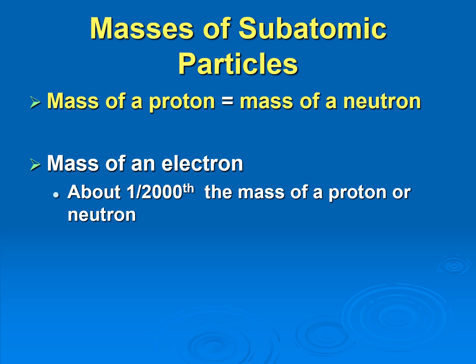We're not going to count the mass of an electron. We're just going to be concerned with the mass of protons and neutrons when we calculate our mass number for our atoms.